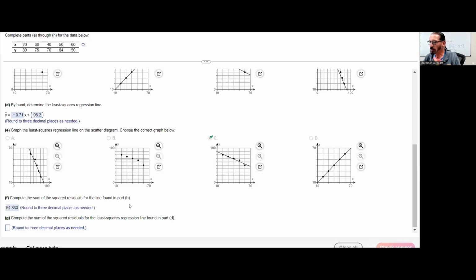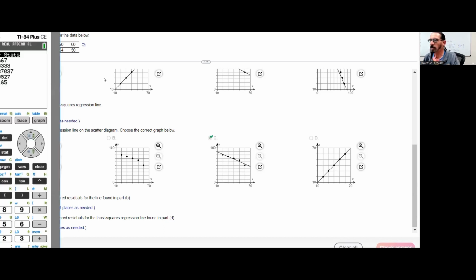Okay. Do the same for the equation we got for the least squares regression line. And that can actually be something similar, but perhaps a little bit easier. So here we go.